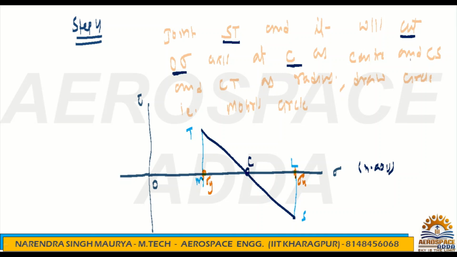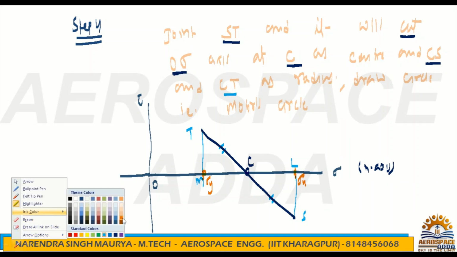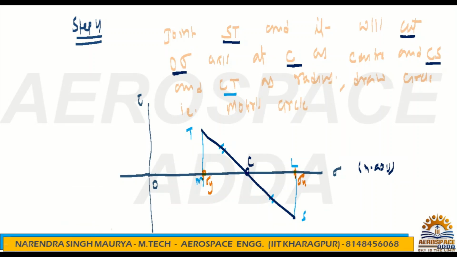Okay. As center. Now this C is the center. So CS, see this side, we are talking about this CS. This CS will be radius. Obviously, this and this will be same because both are radius. So CS and CT as radius. Now, once you got the radius, draw the circle. You have radius, you have center, so you can use the scale and all.